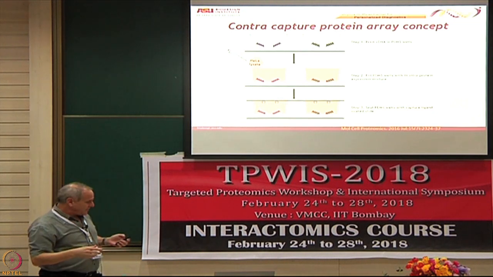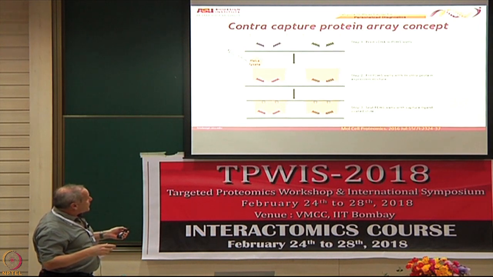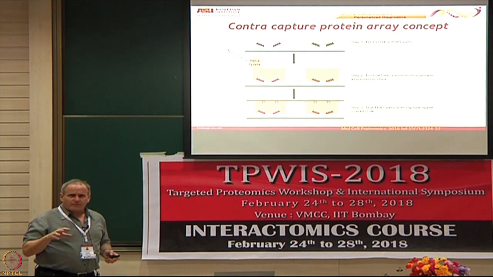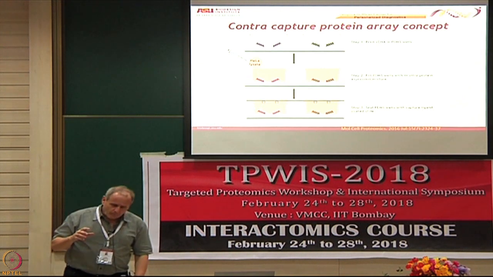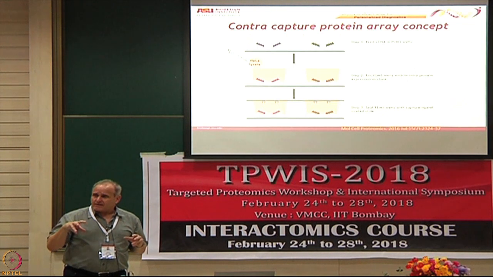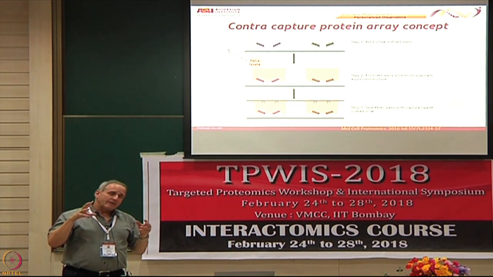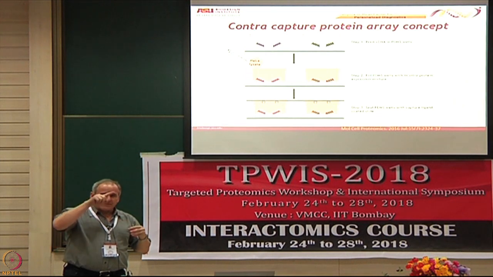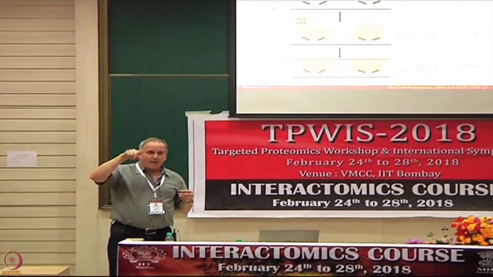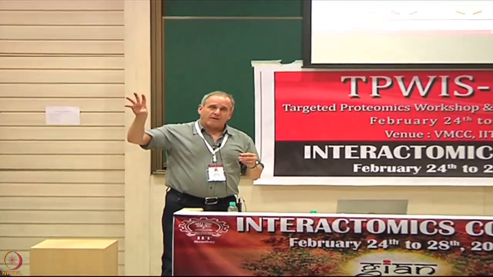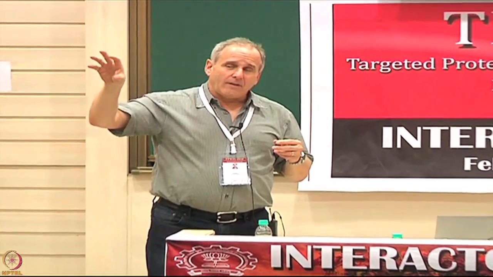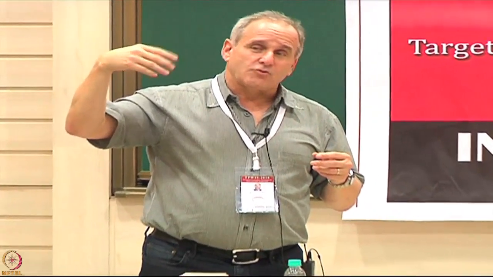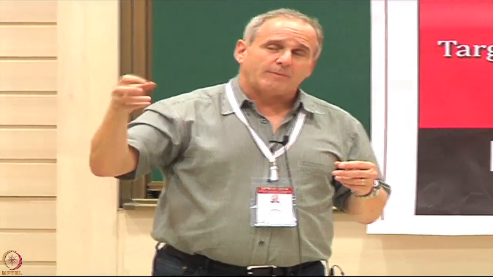The other thing that we're doing here is we're not using anti-GST anymore. We're using the HaloTag. Are you guys familiar with HaloTag? How many people know what HaloTag is? Not so many. So HaloTag is an enzymatic tag. It's an enzyme that normally is supposed to bind to haloalkanes. Alkanes are carbon structures, and haloalkanes have a chloride or a bromide at the end, and the enzyme in its normal function binds to that and removes the bromine or the chlorine.